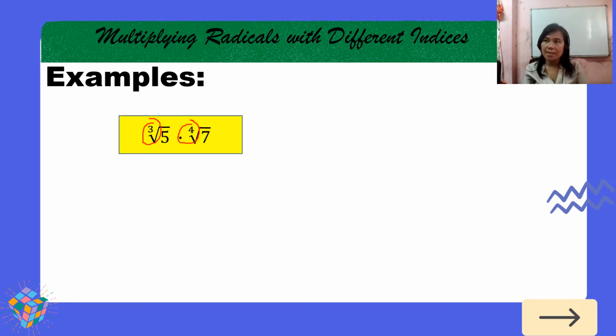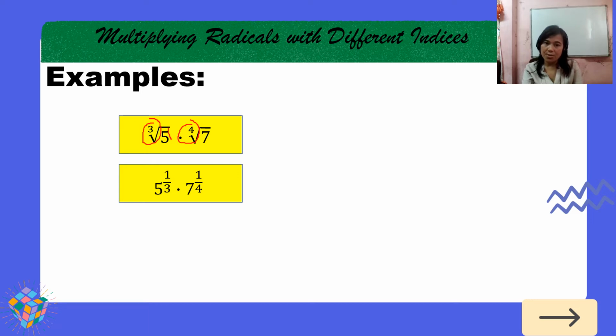Basically, kung balikan natin yung general rule in multiplying radicals, dapat same muna yung indices nila. So, hindi siya pwedeng mag-multiply agad-agad. So, what you're going to do is make their indices equal. Paano gawin yon? Balik ka muna transforming this into exponential form or rational exponents. So, eto yon. Yung exponent ng 5 will be 1/3 na. Yung sa 7 naman is 1/4 na.